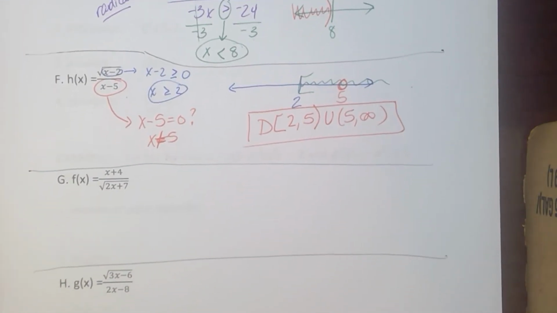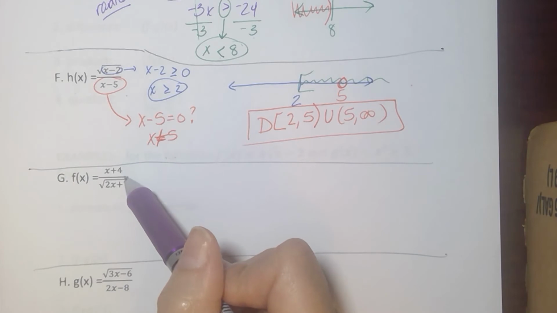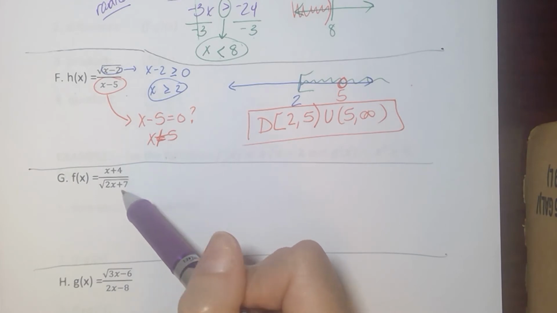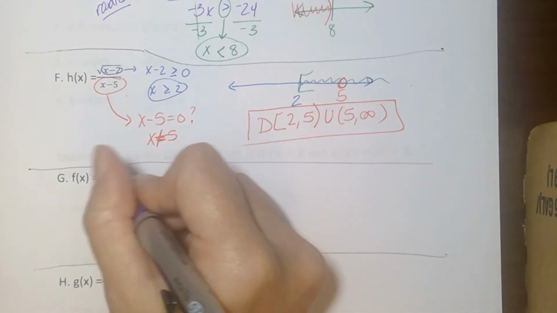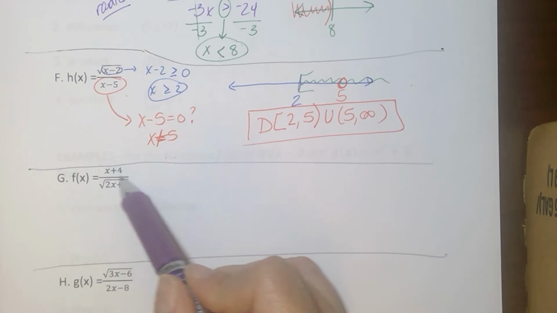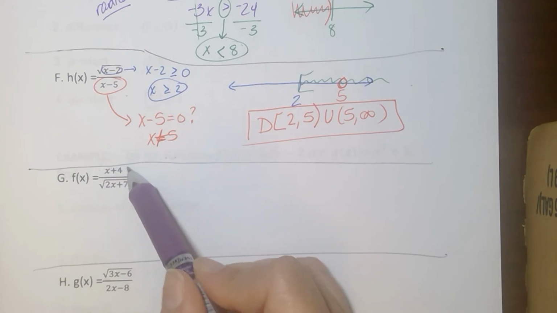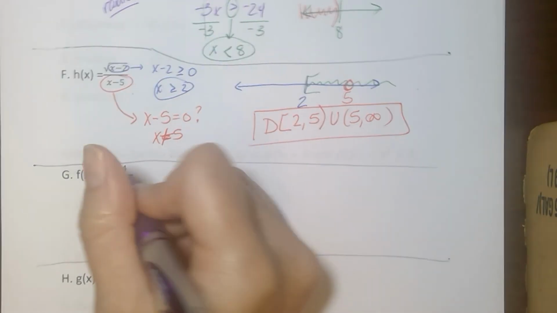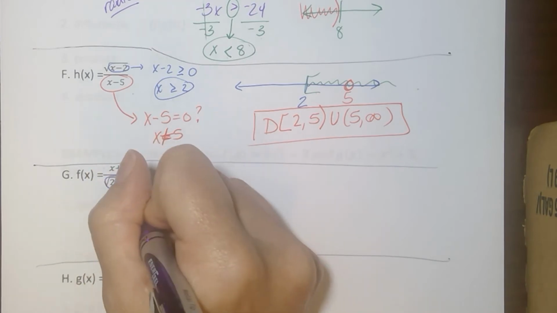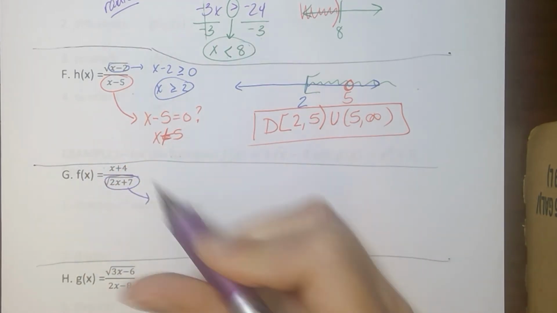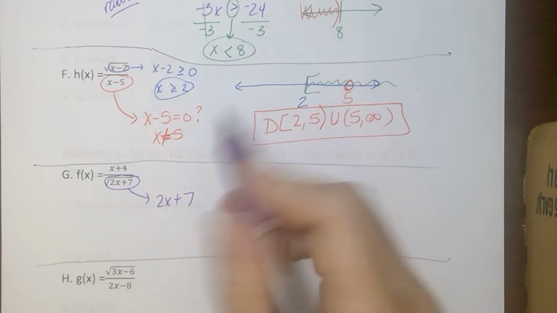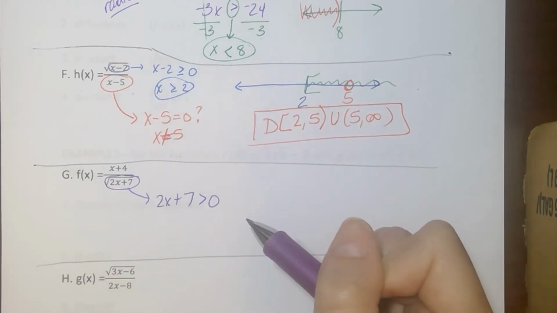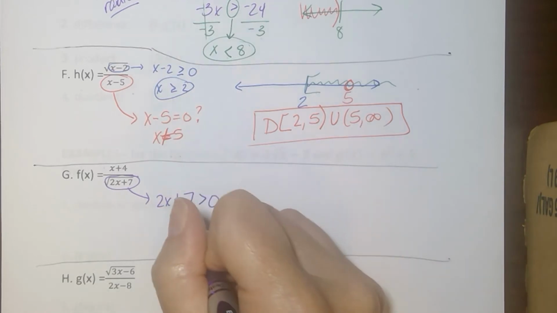Okay, let's look at g. Once again, I have variables in my numerator and denominator. I want to evaluate, okay, what do I need to worry about here? Well, my numerator, it's okay if it's negative, it's okay if it's positive, it's okay if it's 0. I don't have any problems for my numerator. I'm only interested in looking for restrictions in my denominator. I have a square root, so I pull out that radicand. Because it's in the denominator, it has to be positive, greater than 0. And then I solve.